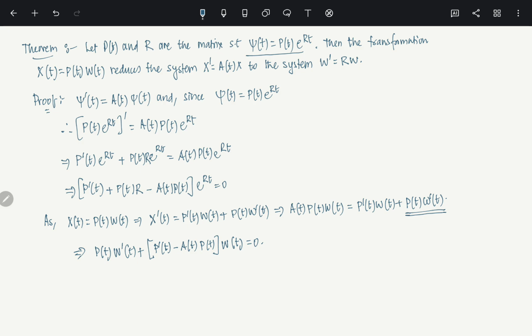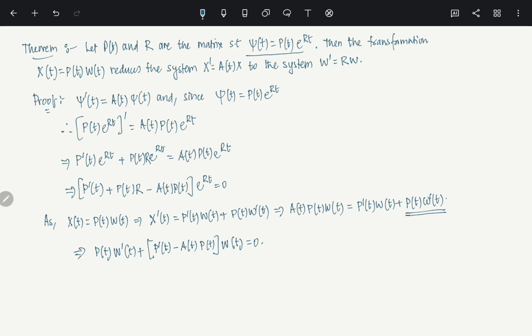That's what we are going to get, right? If you just put it together, that's what you get. This part we are just taking to the other side. So it is P prime minus A times P times W(t) equals 0. Sorry, I just got confused a little bit.